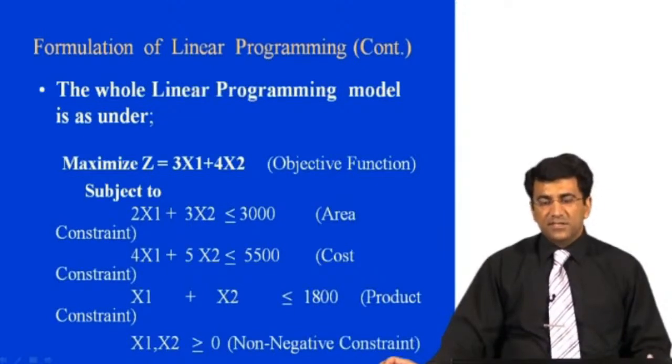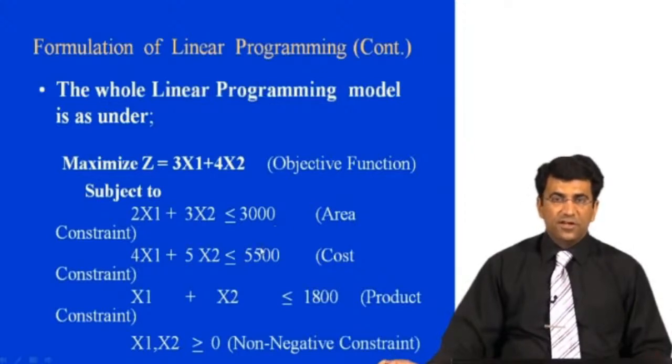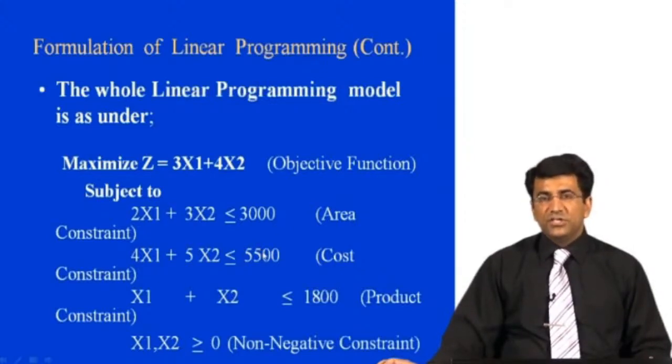So class, this is the example I am leaving for you. I have already computed the profit function and the different constraints converted into inequalities. So I don't think it is very difficult to solve this example. Just practice on it.